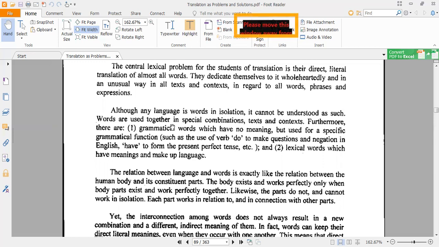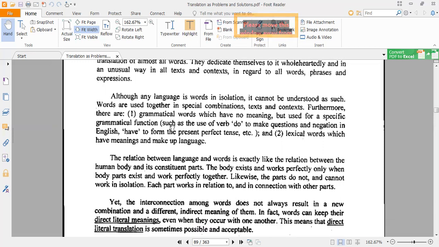This is the first type, while the second type of words is the lexical words. Lexical words have specific meanings and they make up the language.